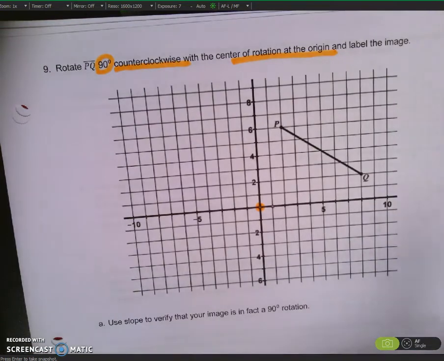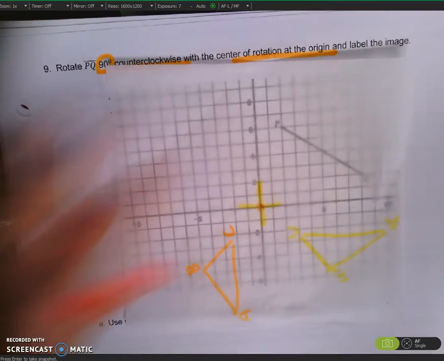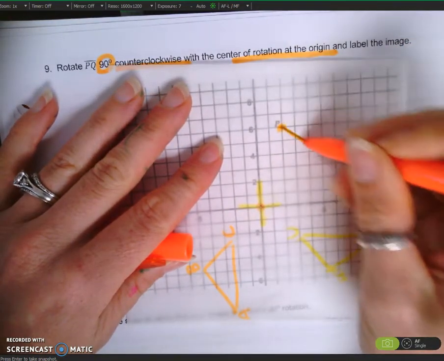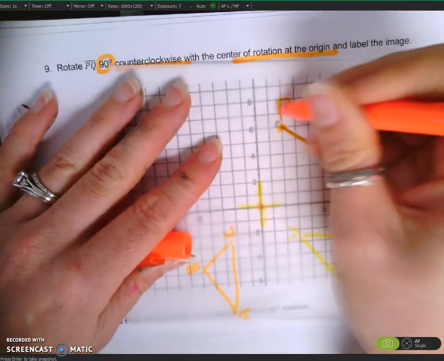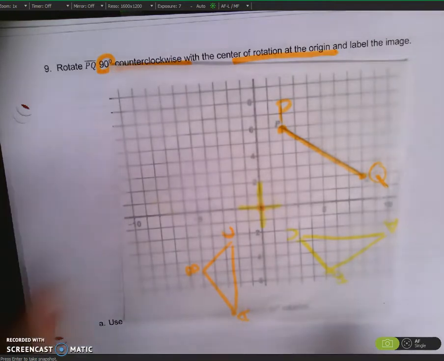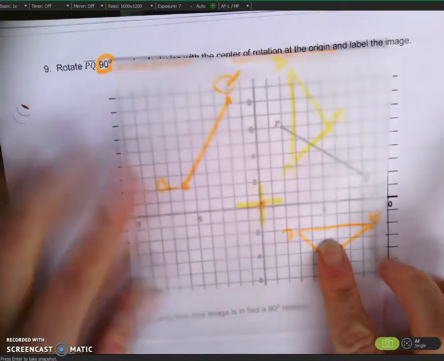So again, I'm going to grab my patty paper. I'm going to make sure I can tell where my vertices are. This one's P and this one's Q. And I need to go counterclockwise, opposite direction of a clock, 90 degrees.